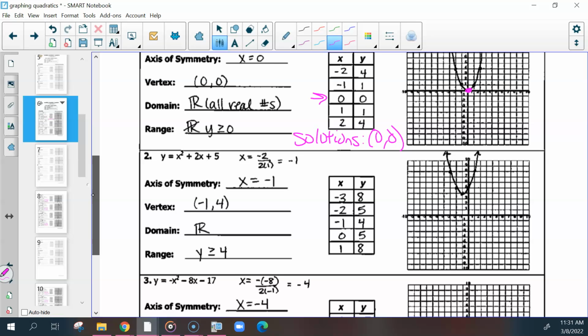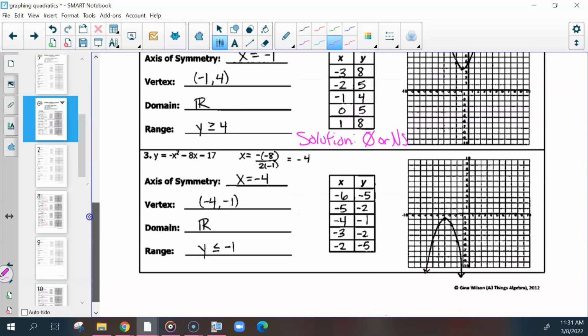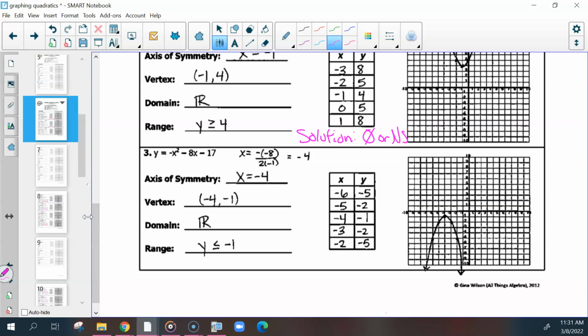No. So if it does not, then you would have no solution. What about number 3? No, it does not. So that would again be no solution.